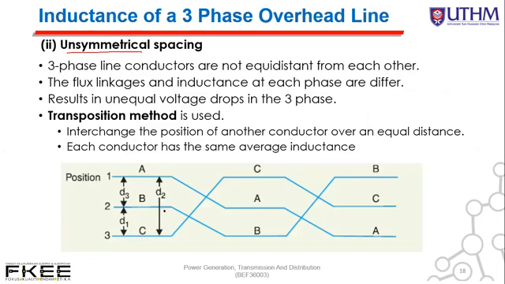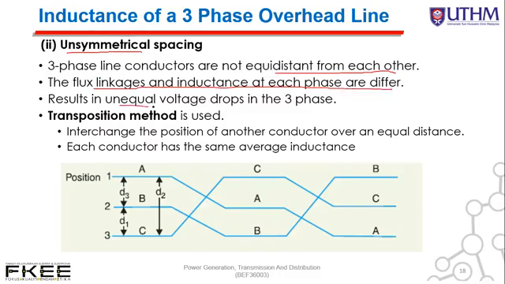So the spacing is unsymmetrical, the distances are not the same. In the case of a three-phase line, the conductors are not equidistant from each other, so the flux linkage and inductance of each phase also differ.